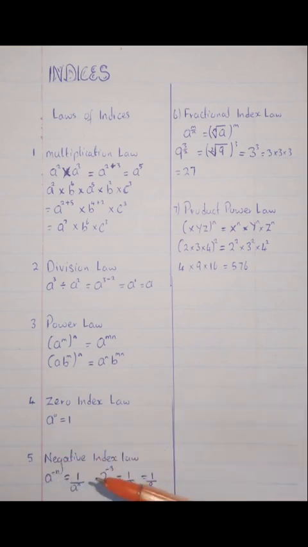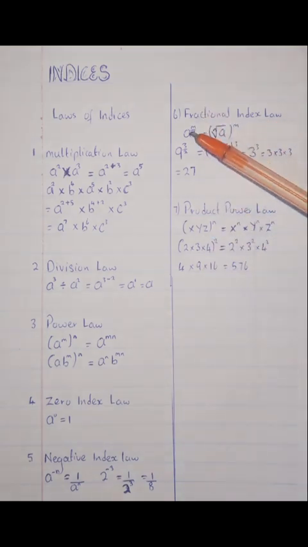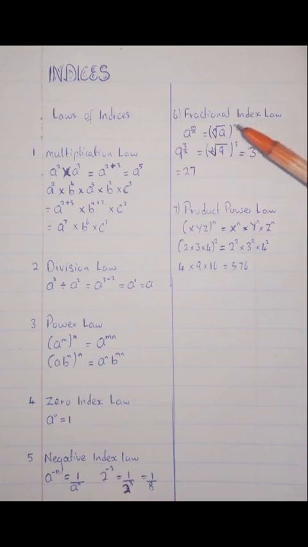Then we have the negative index law, where any number raised to a negative power, we will take 1 over that number and the power. So we have a to the power of negative n, we will take 1 over a to the power of n. You have the fractional index law, where we have any number raised to a fraction, you just take the denominator as the root of that number raised to the power of the numerator.